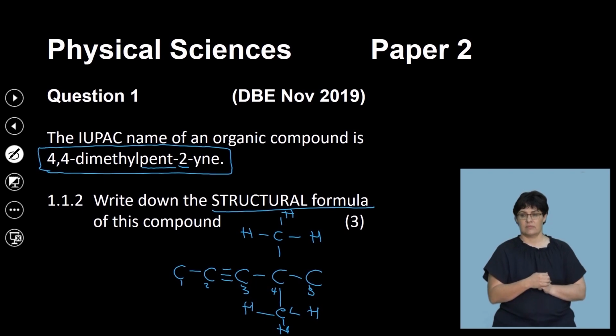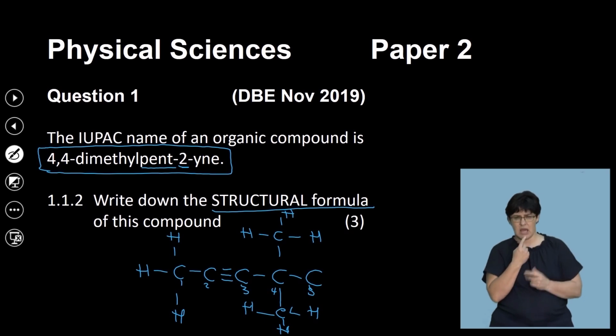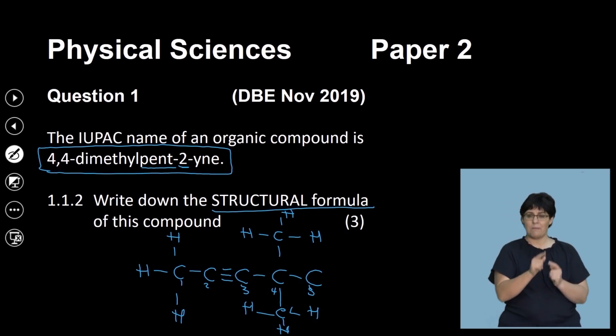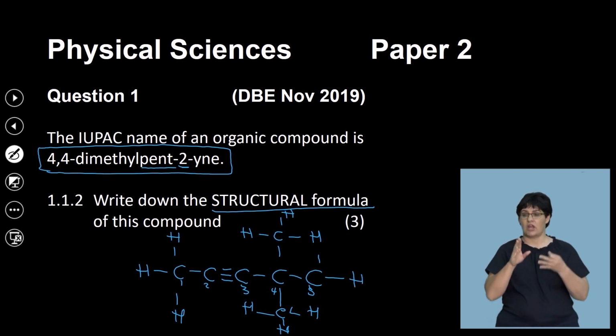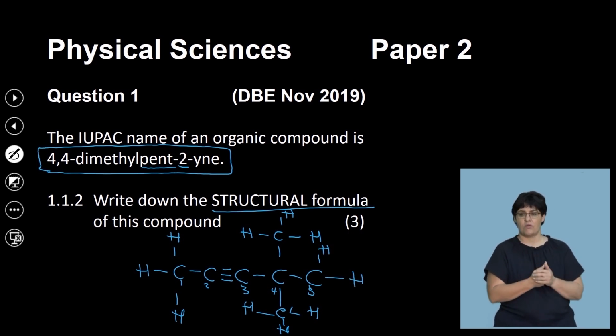Right. And then each carbon atom must have 4 bonds around it, okay? So this is what we have. You may be tempted on carbon atom number 2 to include another bond, but make sure that you count the number of bonds. And then on the third one, we've got another carbon atom which has another 3 bonds, 4 bonds around it.